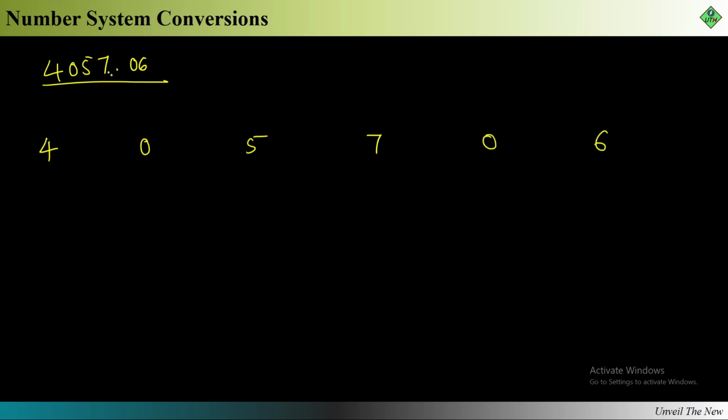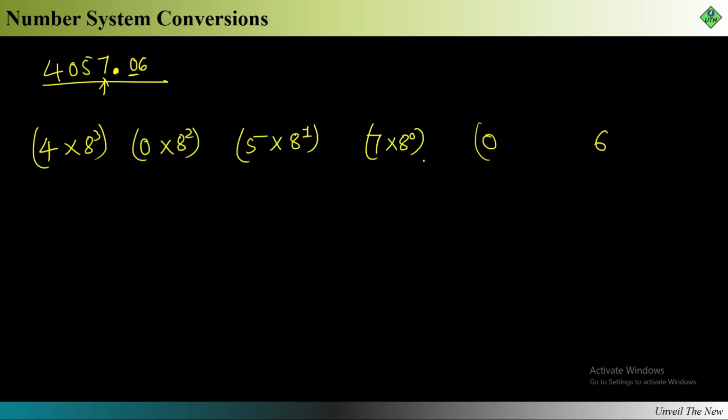Now 7 is just before the point, so it definitely represents 8 raised to 0. 5 is after that, so we multiply it with 8 raised to 1. Then we have 0, with the weight 8 raised to 2, and 4 has the weight 8 raised to 3. Now this 0 is after the point, so it has the weight 8 raised to -1, and 6 is after that, so it will have the weight 8 raised to -2.